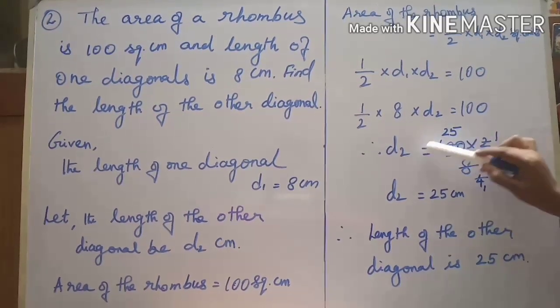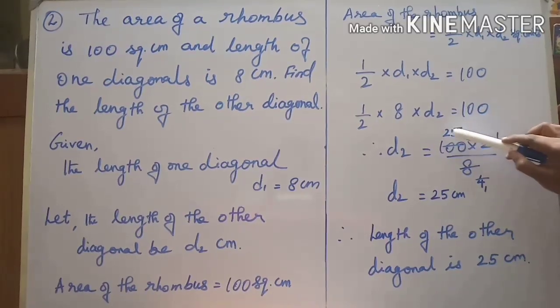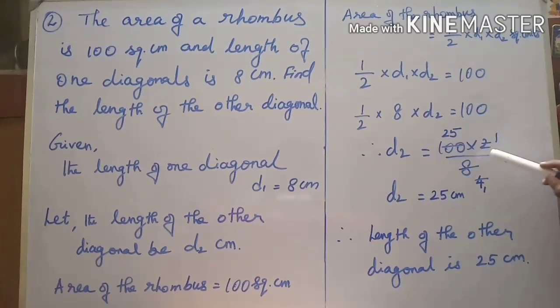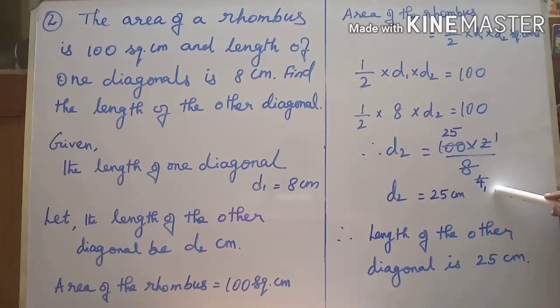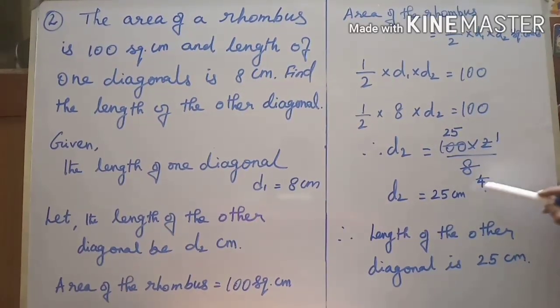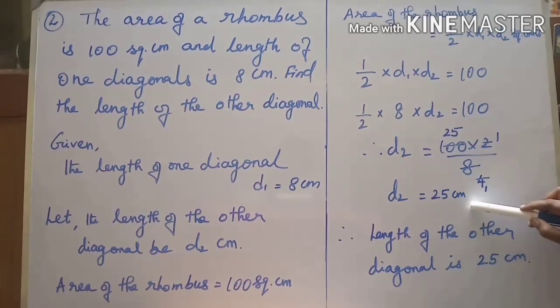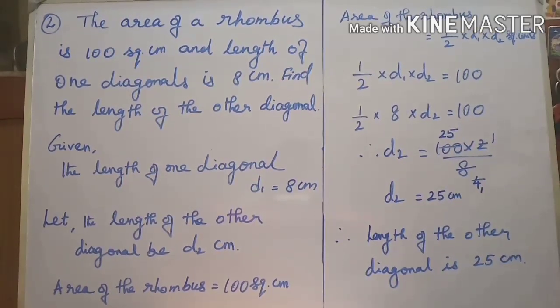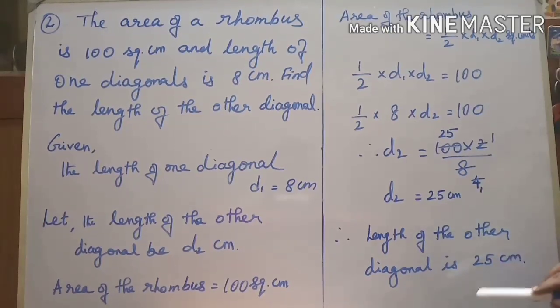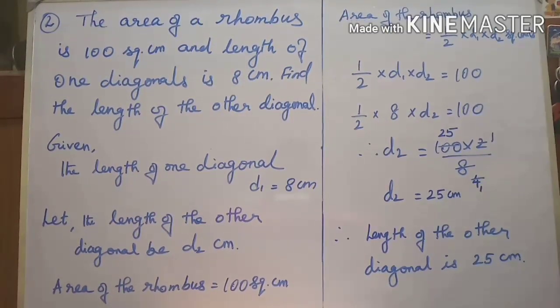So cut that 100 and write it as 25. So 25 into 1 is 25 divided by 1. In the denominator also we have 1. So 25 by 1 is equal to 25 centimeter. D2 is equal to 25 centimeter. Therefore, the length of the other diagonal is 25 centimeter.